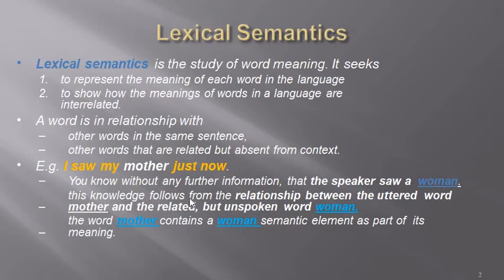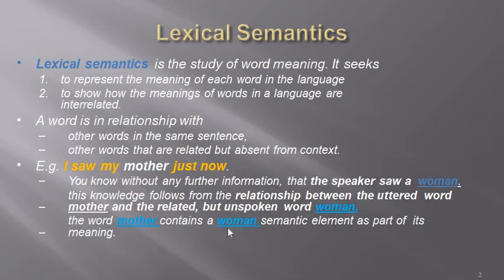This knowledge follows from the relationship between the uttered word mother and the related word, which is not spoken by the speaker, which is woman. So the uttered word is mother, but the unuttered word is woman, which occurs in someone's mind when they listen to the word mother.